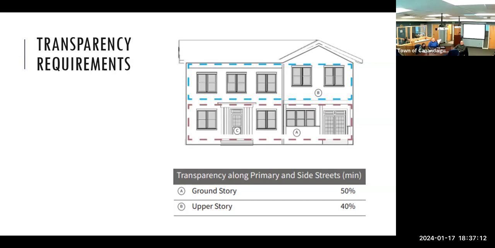And these are showing kind of 40% meeting that threshold. So again, once you get to the upper stories, 40% is really kind of an industry standard. It shouldn't create any privacy issues having that level of transparency.